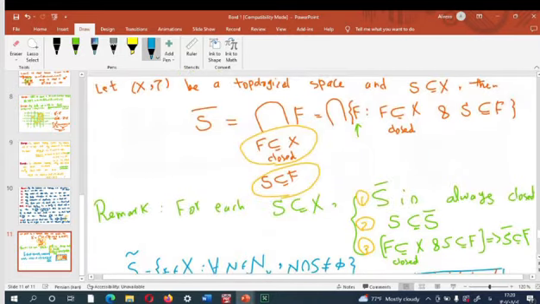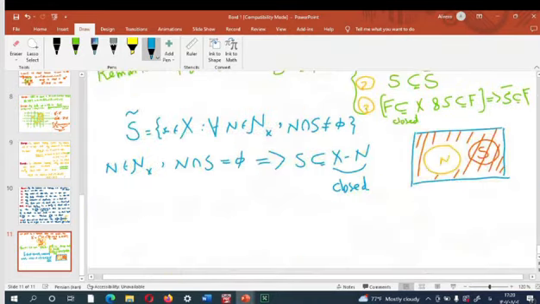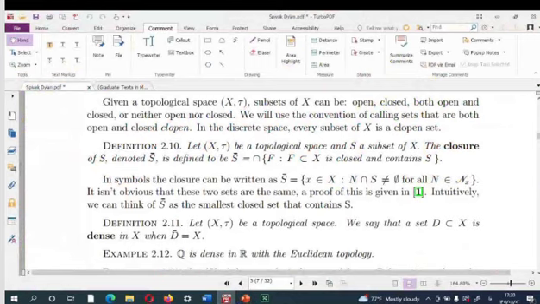Not open, but by this definition, N contains an open set.